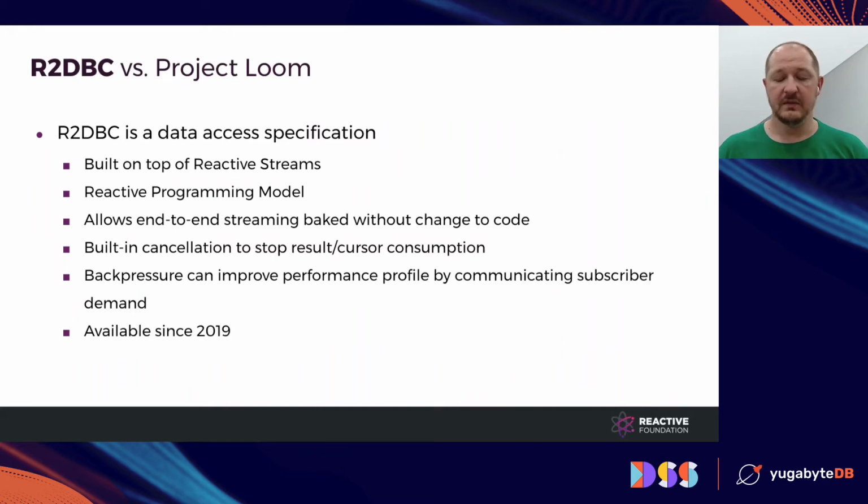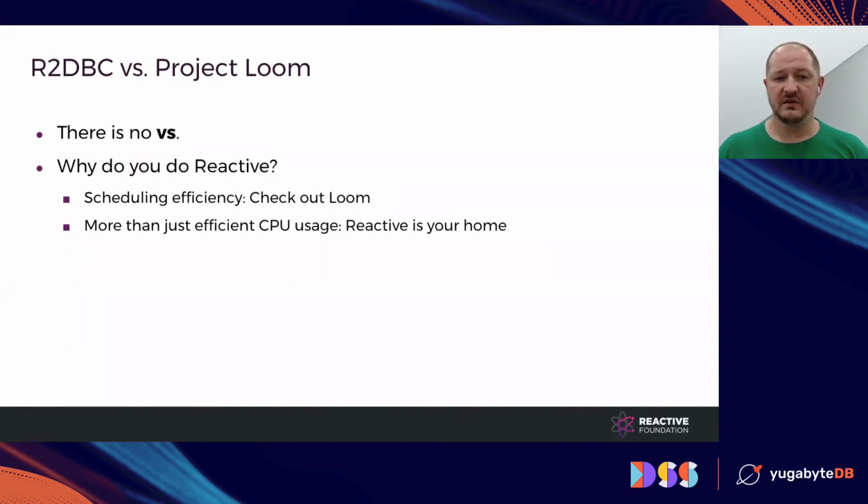We have backpressure support within R2DBC, and we have cancellation support within R2DBC through building on top of reactive streams. And it's already available. And as you see, these are two different things. And the gist out of that is there is no versus, because Project Loom solves different things than R2DBC does.